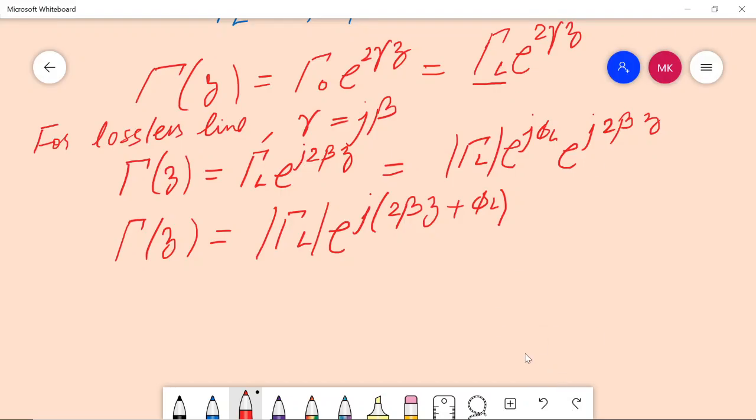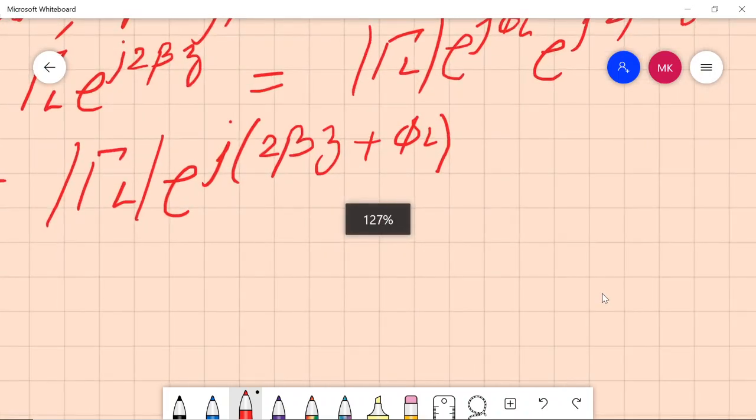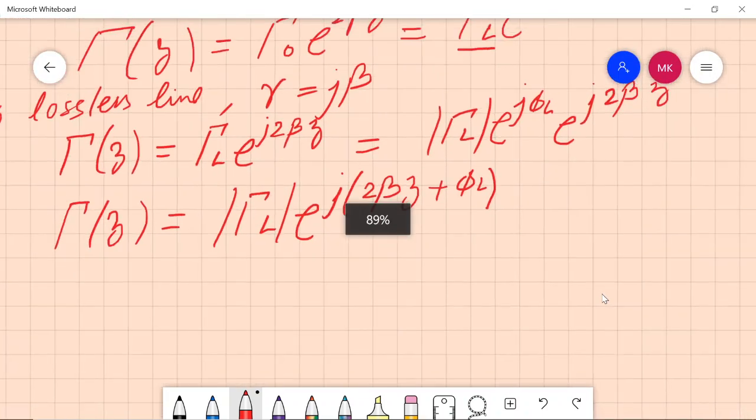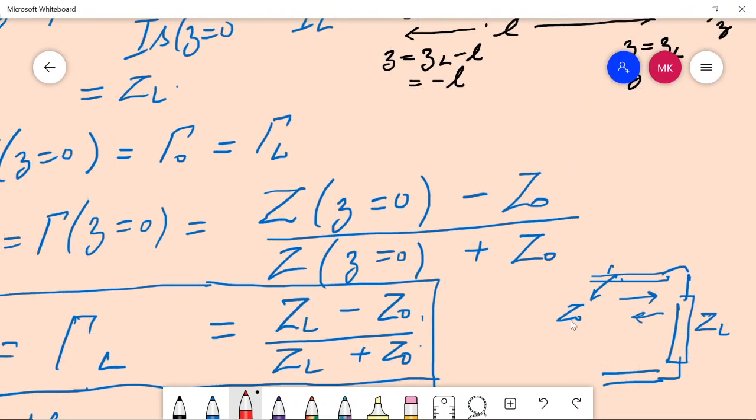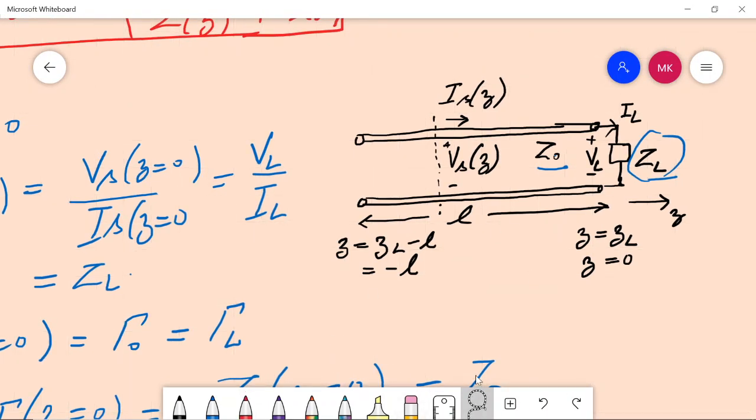So what is important here, the conclusion, is that if you have a transmission line, and at the end point you have gamma L, which is where the load is connected, then at different locations of Z you will have this gamma Z. It's proper to understand this again. So let's take this figure again.